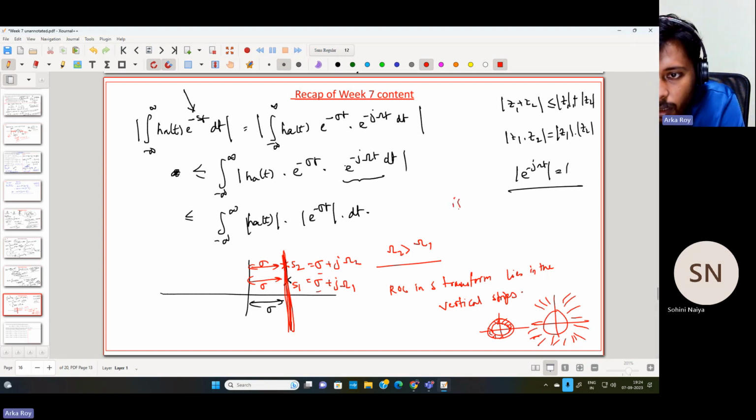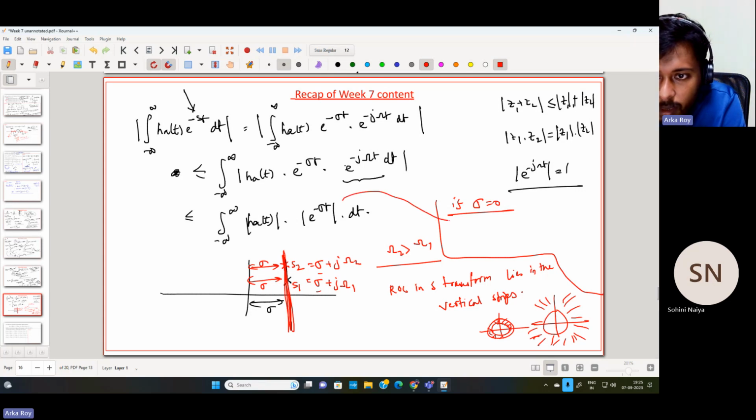And if I consider sigma equals 0, it will give me a special case. If I plug in sigma equals 0, it will be the integral from minus infinity to infinity of h(t) dt.